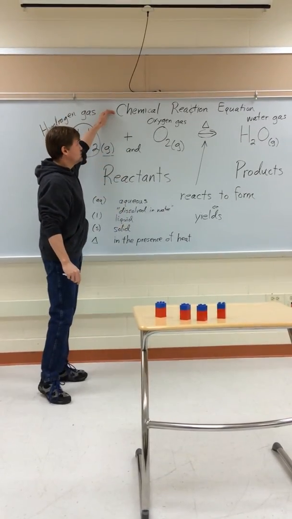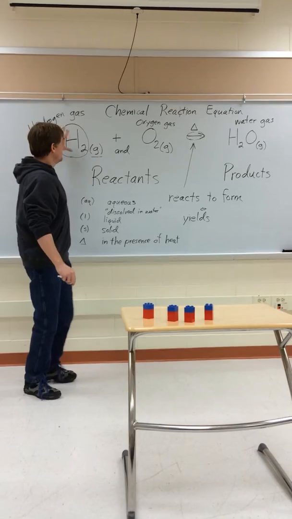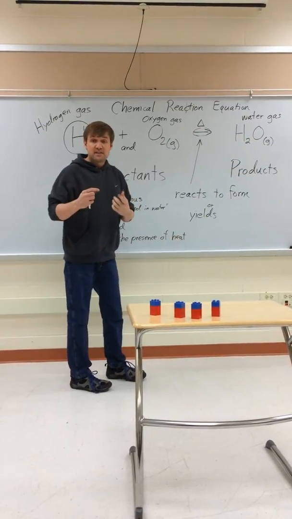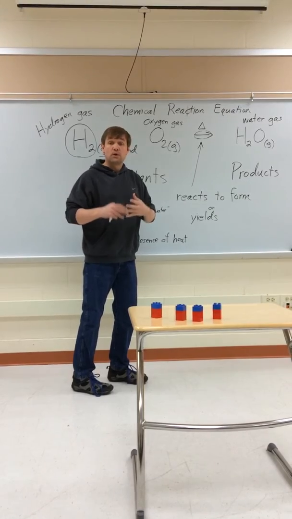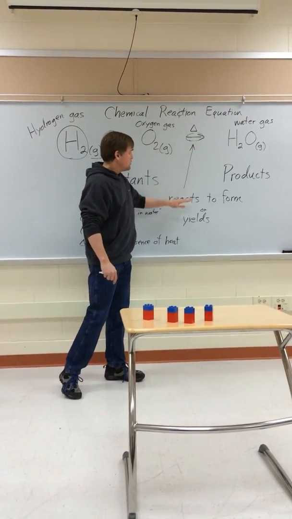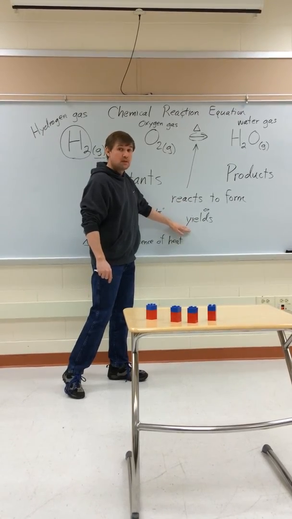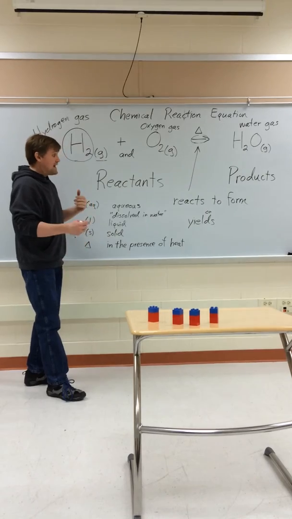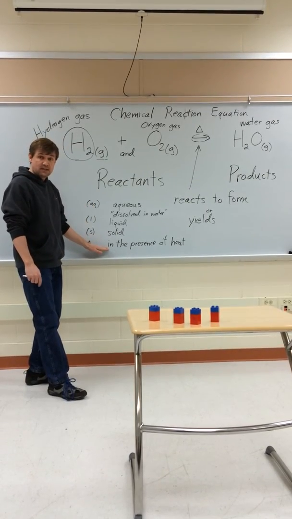Now, quick summary. We've given you an introduction to chemical reaction equations. Here's an example of one right here. There are several little symbols that you need to know what they translate to. The large arrow means reacts to form or yields. The triangle above that arrow indicates that it reacted in the presence of heat.